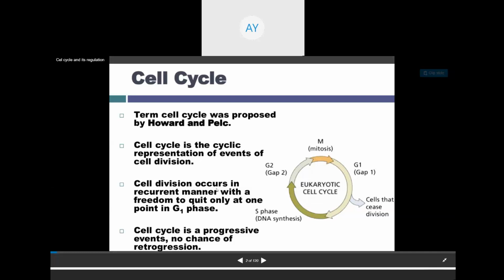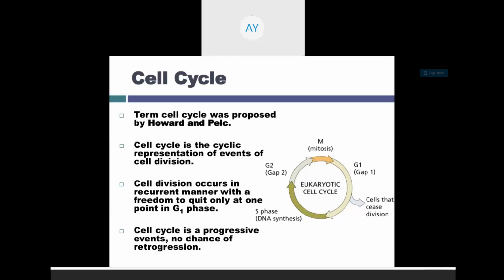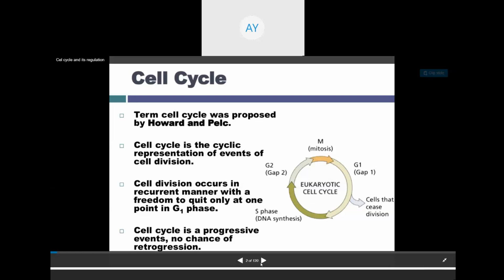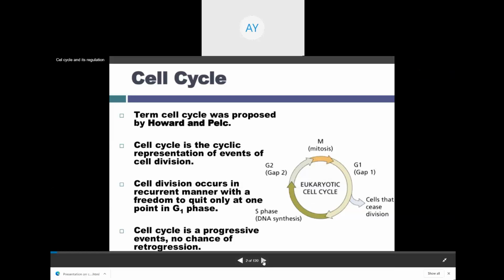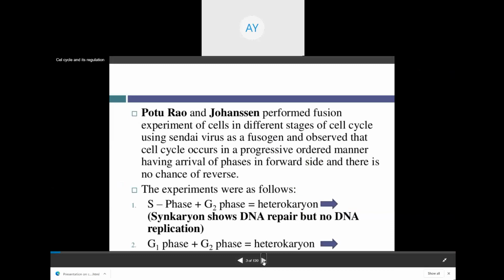Okay, so cell division occurs in a recurrent manner, with freedom to exit only at one point in G1. The cell cycle is a progressive event with a chance of reproduction. That means the making of new daughter cells when the cell is entering into mitosis. Okay, so I am just briefing that part, that is the cell cycle.